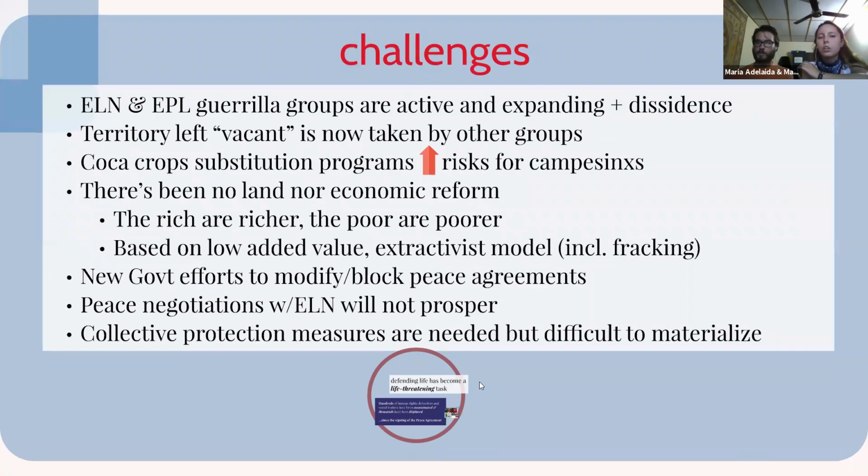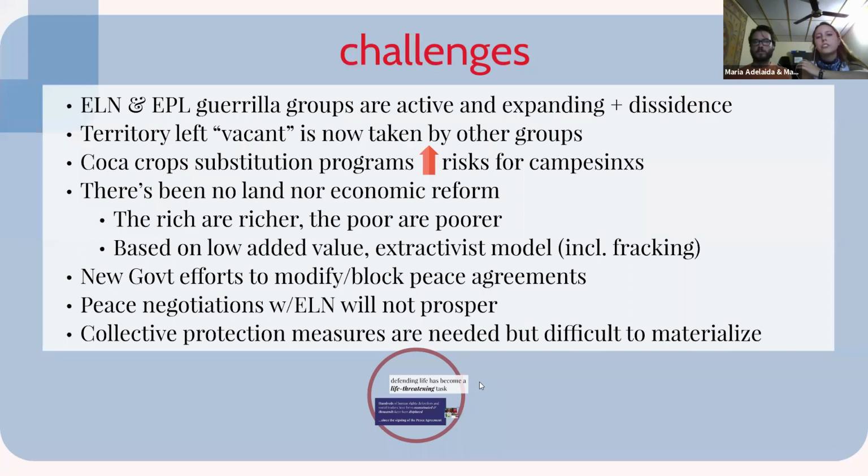Okay, so what are the challenges now? The ELN and the EPL guerrilla groups are two of the largest guerrillas that we have after FARC demobilized. And these two guerrilla groups are active and expanding. They have taken over the territory that the FARC guerrilla left because of the demobilization.